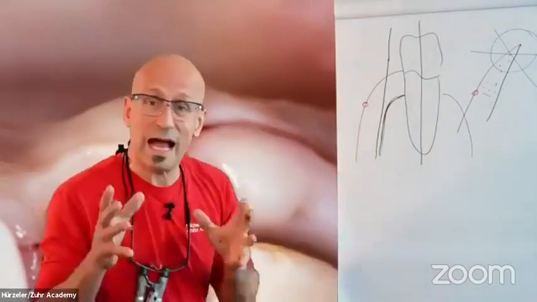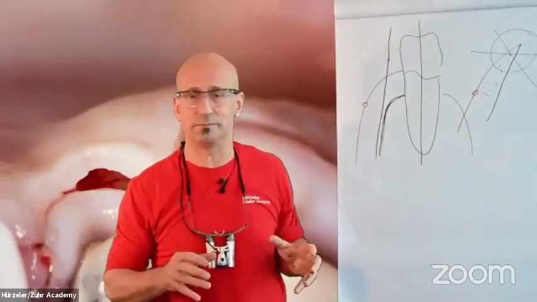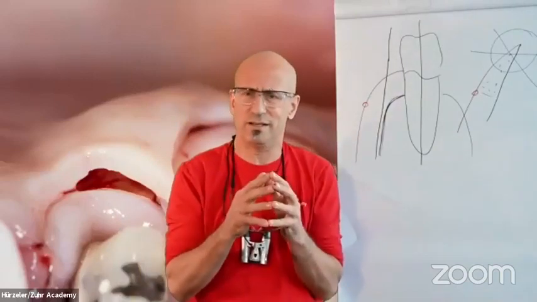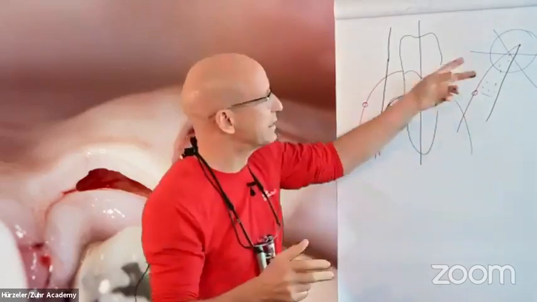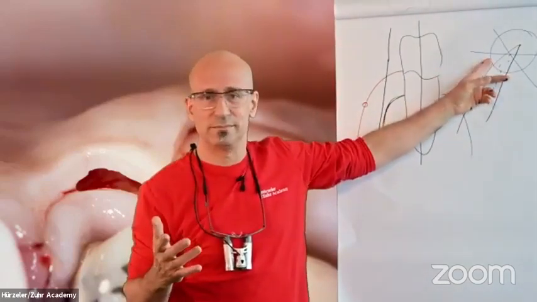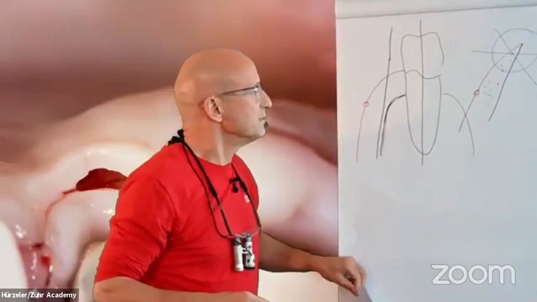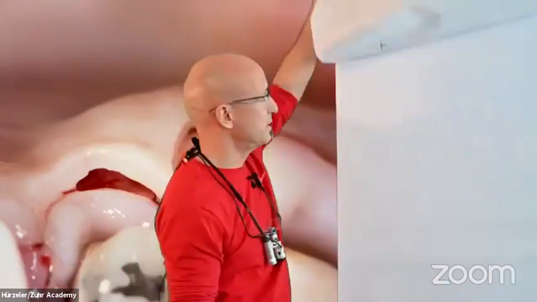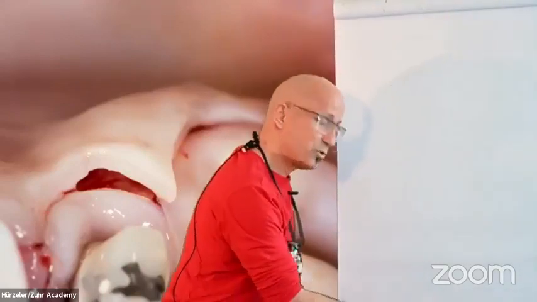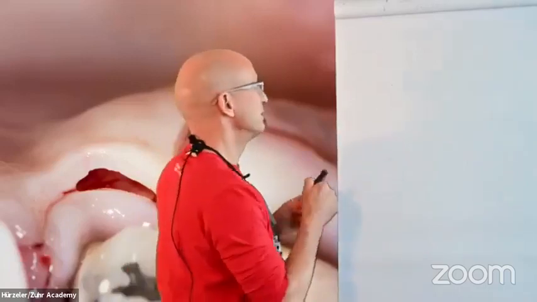So we have to address this problem now. It's very simple, actually. We need to understand how we can avoid that this is going to happen. And so let's go how we today recommend to do a split thickness flap approach.